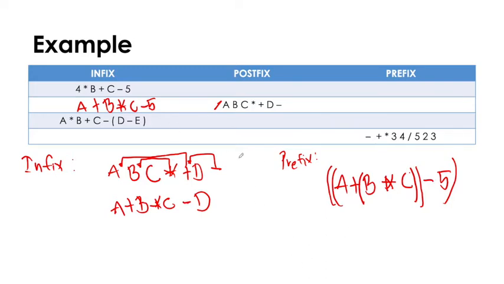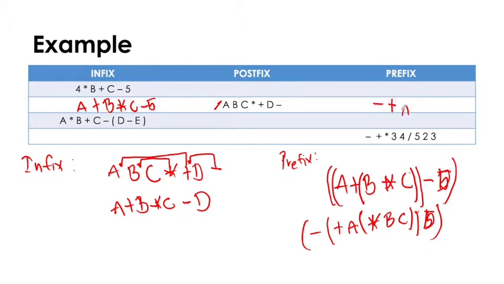So prefix, so it will be here B, C, A plus, and D minus. So our final answer here will be minus plus A times B, C, D. There we go.